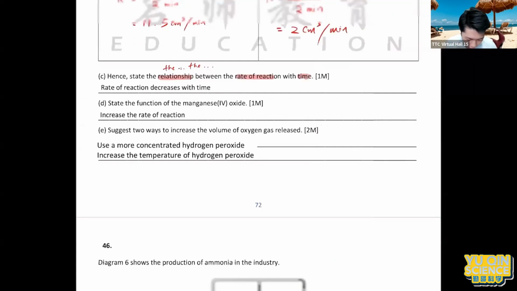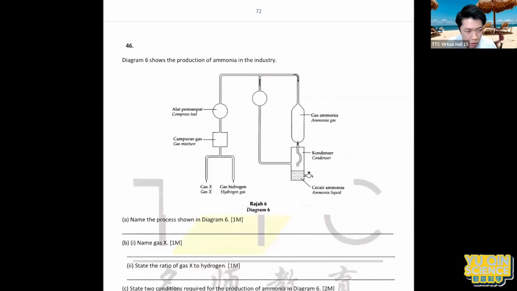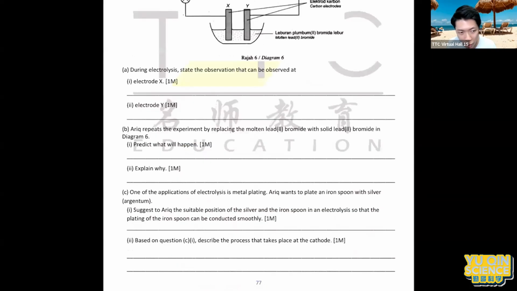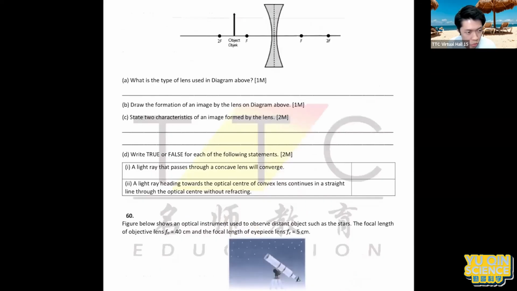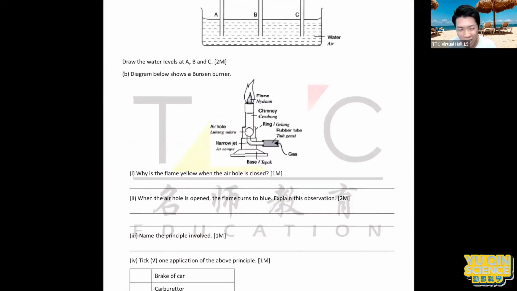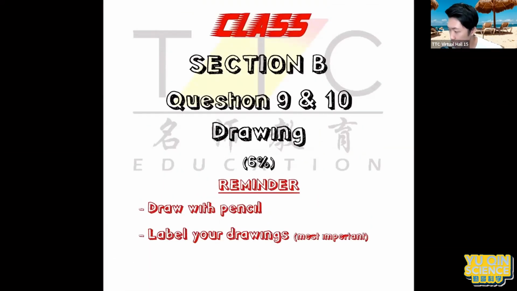Okay, for now there's one more part before we go to section C. Remember the drawing part? Can you turn to page 92, ladies and gentlemen, page 92. 3 marks for each, in total 6 marks, right?